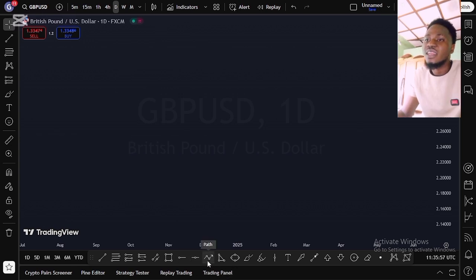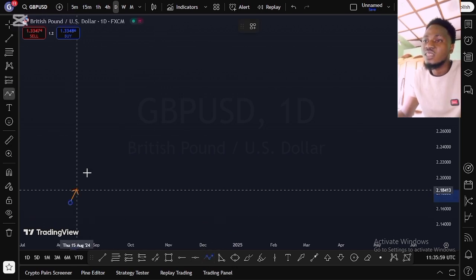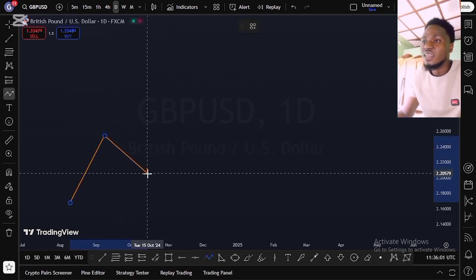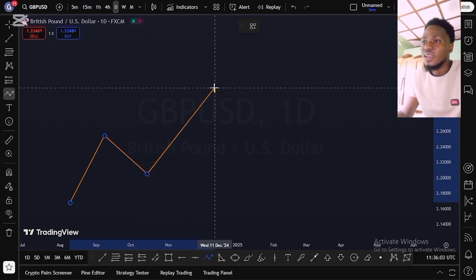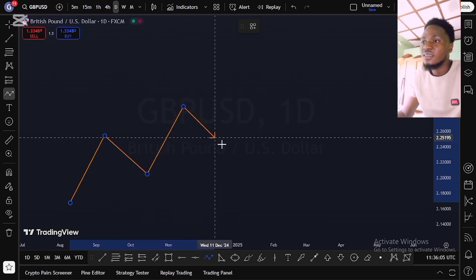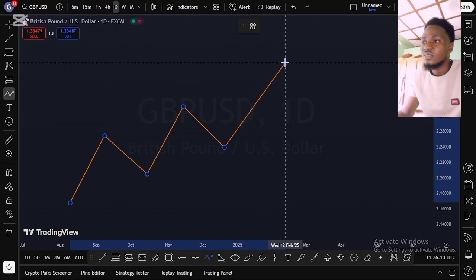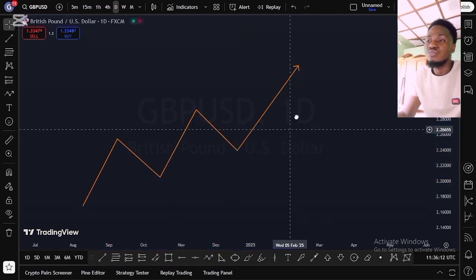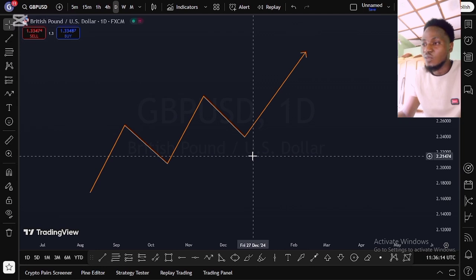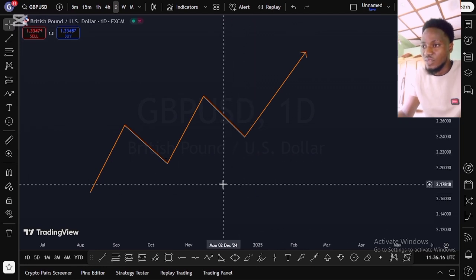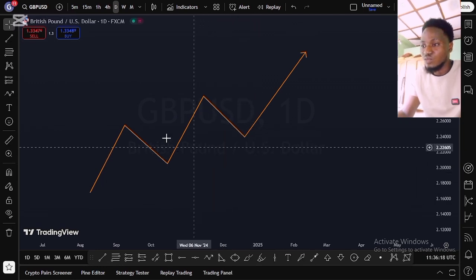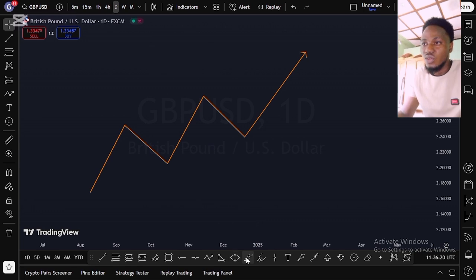So we want to see a market that is bullish. In this case, a market that is creating higher highs like this, and it's moving. All right, so this is a bullish market. Why is it a bullish market? Because it's creating higher highs and higher lows, which means it's taking out all the previous resistance.